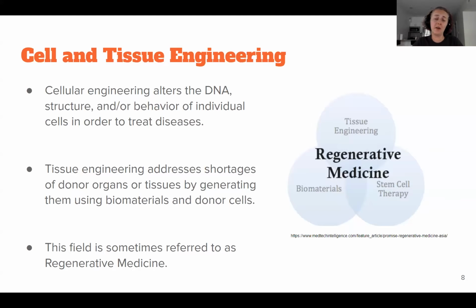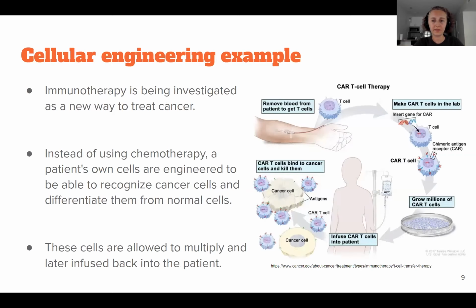So patients, if they need a transplant, they often have to wait a very long time on a wait list before a donor organ becomes available. Tissue engineering aims to address that. And just to provide some context, this field of cellular engineering and tissue engineering is sometimes referred to collectively as regenerative medicine, just to give you a frame of reference in case you hear that term in the future.